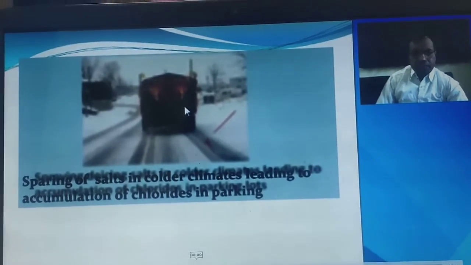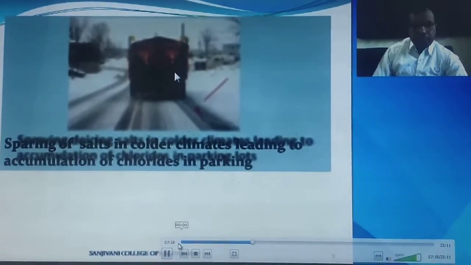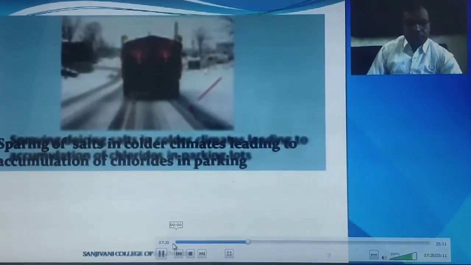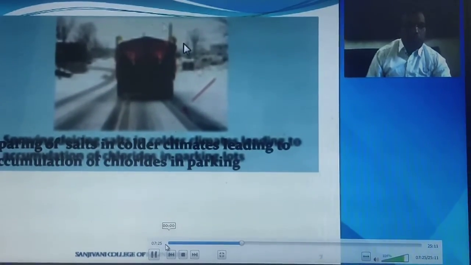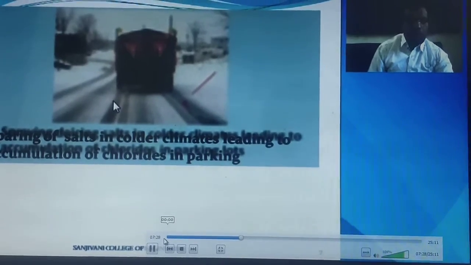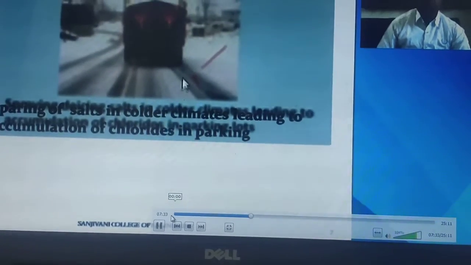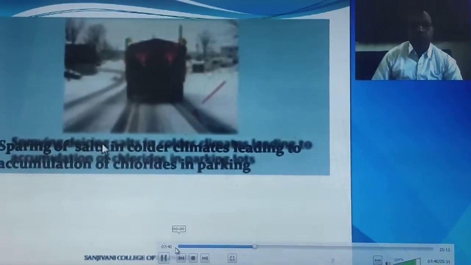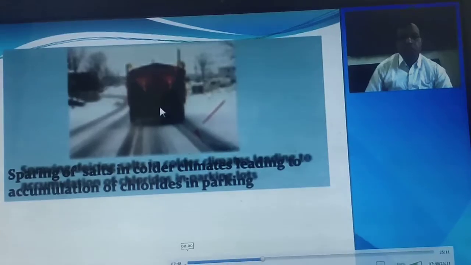In front of you there is a picture of a pavement slab subjected to snowfall. In order to remove this snow from the pavement, sometimes salt is used. When this salt is used, there are chances of penetration of chlorides into the pavement slab.